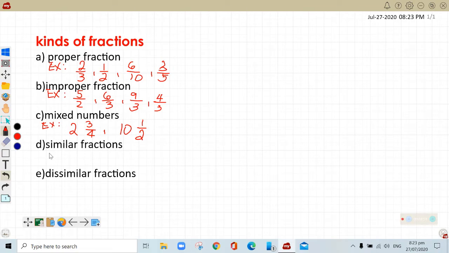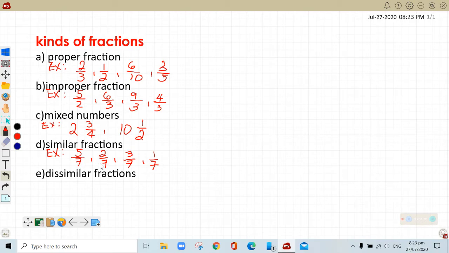Similar fractions are fractions that have the same denominator. Example, these fractions: 5/7, 2/7, 3/7, and 1/7. So these fractions are called similar fractions.